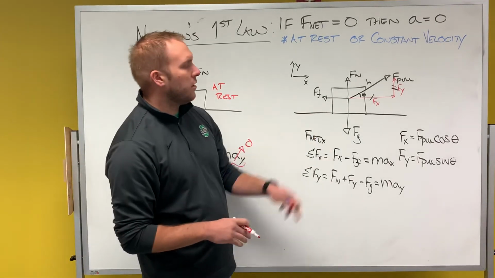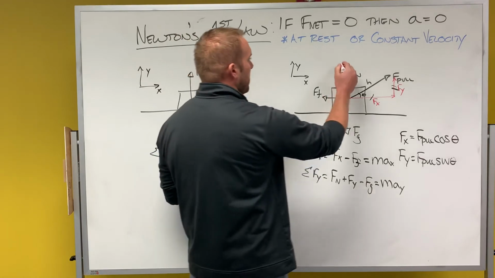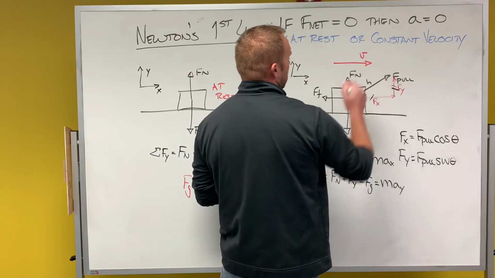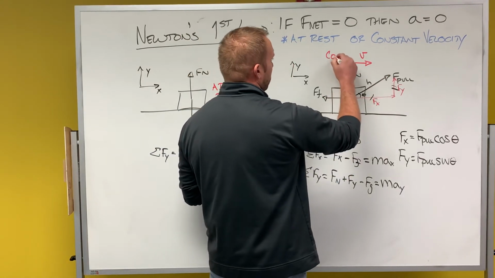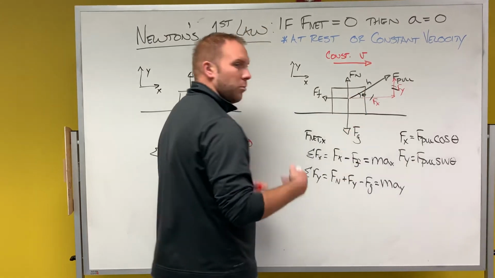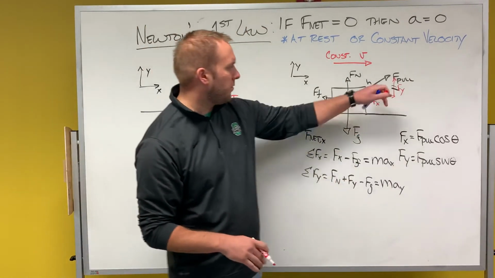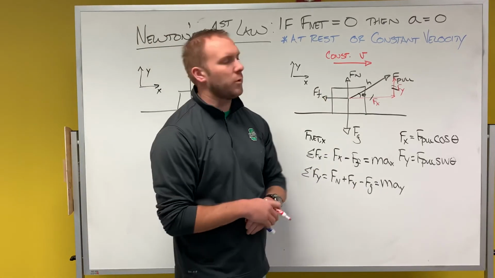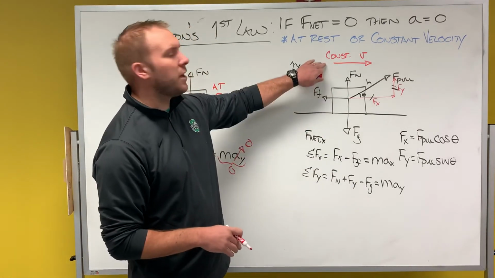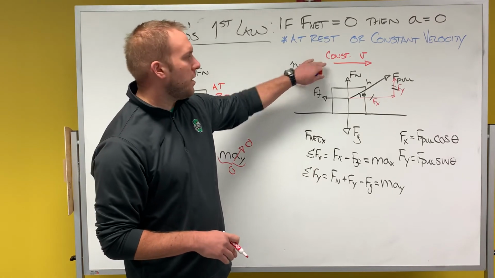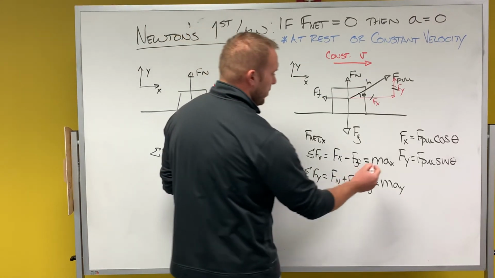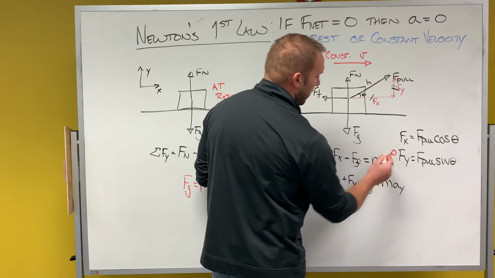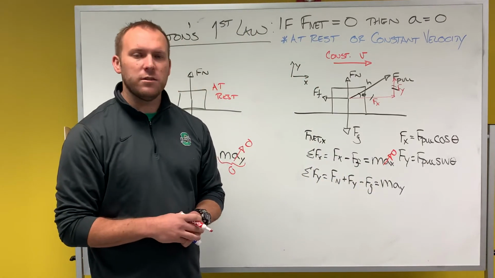All right, well, let's look over here. Let's say we have this object and it's being pulled to the right at a constant velocity. So we're pulling a wagon, applying a pull force. There's a frictional force resisting us, but we're still able to pull it. As long as we know it's a constant velocity and we're moving in the x direction, we can say that my acceleration in the x direction is 0.